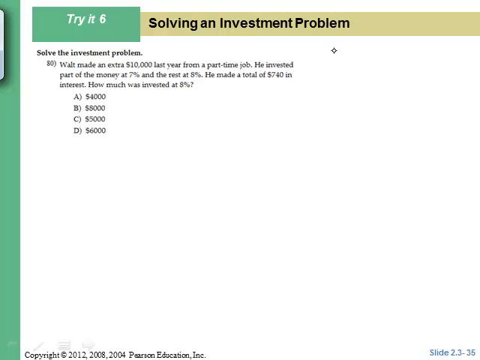Same kind of table. Interest, principal, rate. We've got the rate of the first one is 0.07. The rate of the second one is 0.08. The total interest was $740. We just want to know the amount that was invested at 8%. So let's call that S for second. The total principal was $10,000.